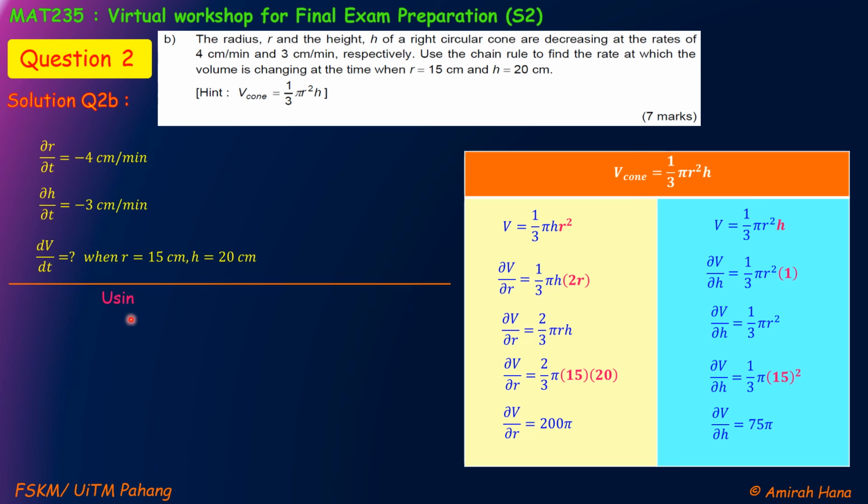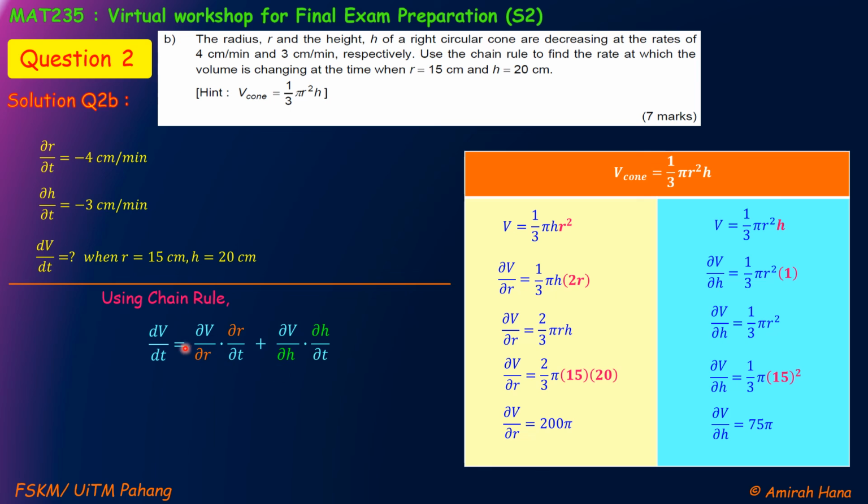Using the chain rule, since we have two variables here, we write dv over dt equals del v over del r times del r over del t, the derivative containing variable r, and then plus del v over del h times del h over del t, in terms of variable h.